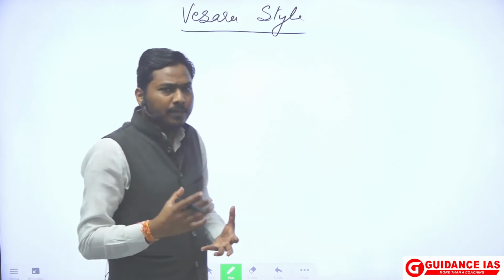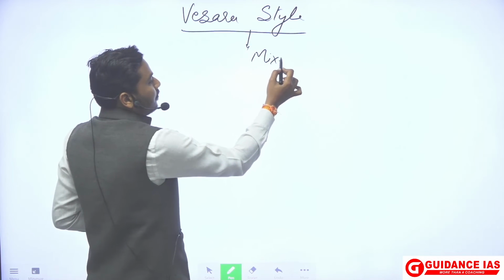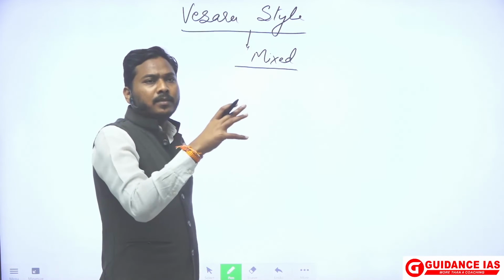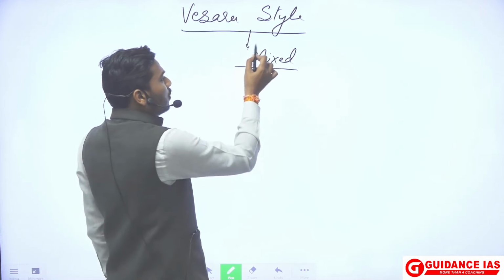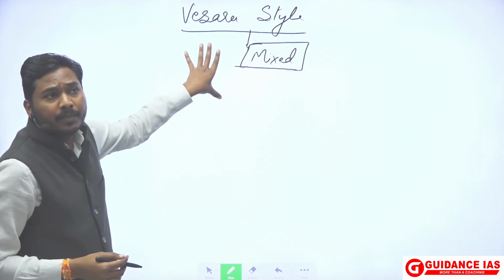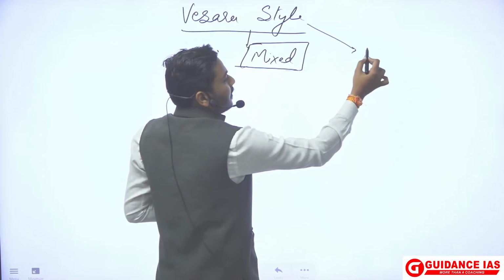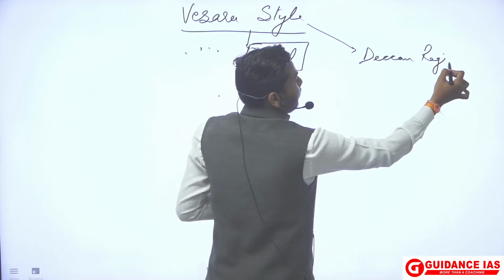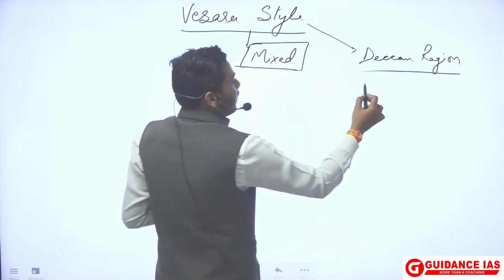Any temple which has mixed characteristics, like having a mandap but a pyramid-like structure, clear? That type of temple will be called the Vesar style of temple, which is prominent in the Deccan region. Clear? Deccan region. It is also there in Odisha.